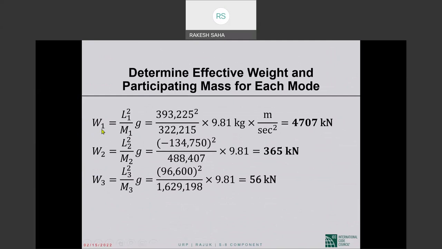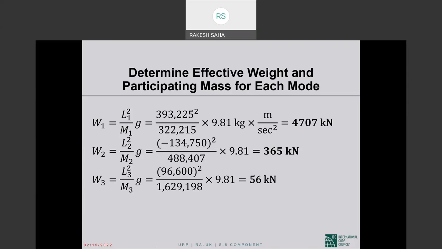So effective weight in the first mode is given by this expression. Effective weight in the second mode is given by that expression. Effective weight in the third mode is given by that expression. Okay. L sub 1 we calculated, M sub 1 we calculated, g is 9.81 whatever units. So the effective weight in the first mode comes out to 4707 kilonewtons. Effective weight in the second mode 365 kilonewtons, and effective weight in the third mode 56 kilonewtons.